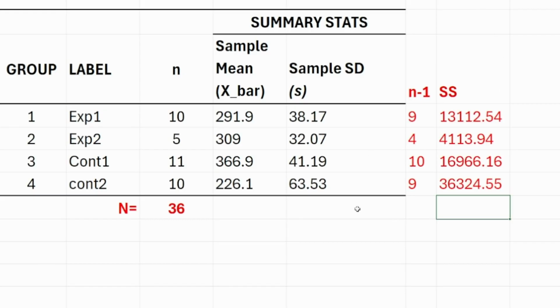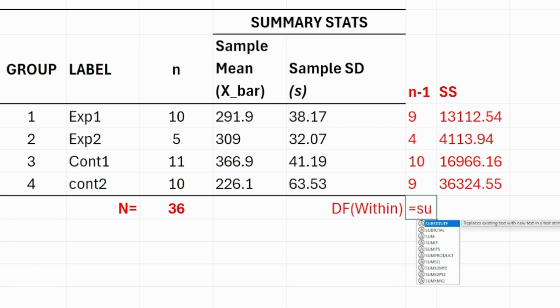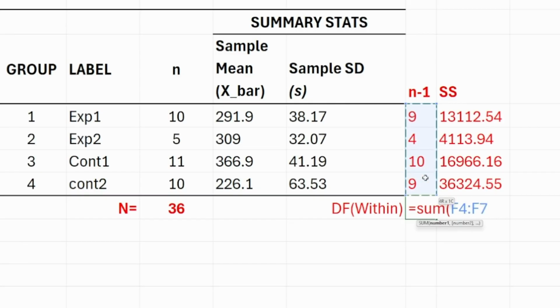Now, the next thing I want to do is I want to get the degrees of freedom within. And all that is the sum. Oh, and I have to hit the equals button because I'm in Microsoft land, is the sum of, click, but don't release, drag, then release, close parenthesis, and then because you're in Microsoft land, you don't hit the equals button because any normal human being would want to.